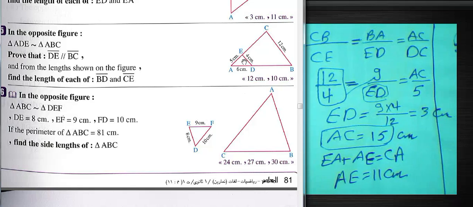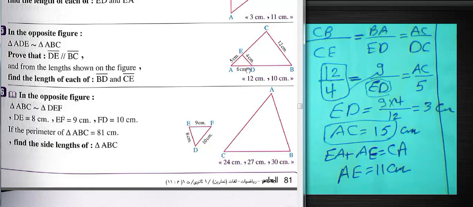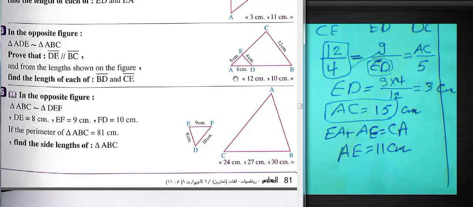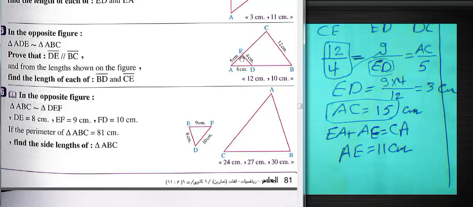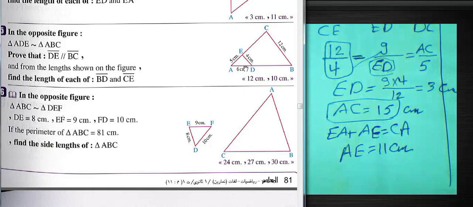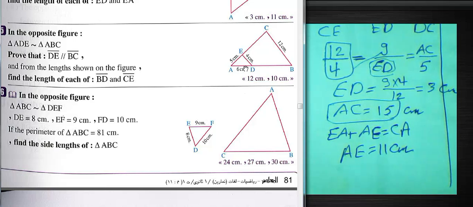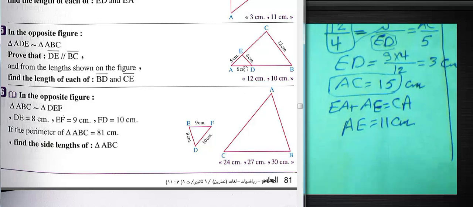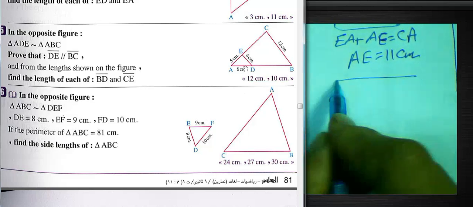Look with me here. The measure of angle D will equal the measure of angle B, because triangle ADE is similar to triangle ABC, so each angle in the first equals the corresponding angle in the second. You understand?